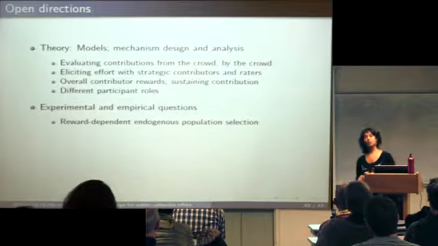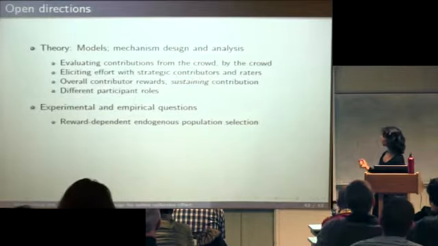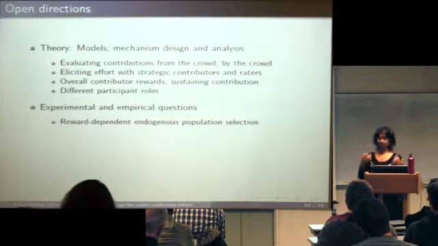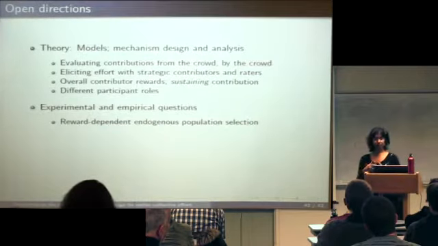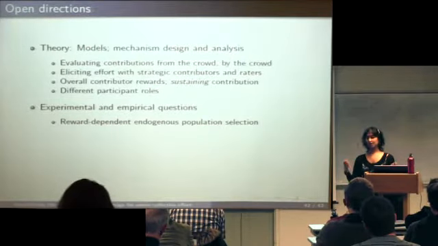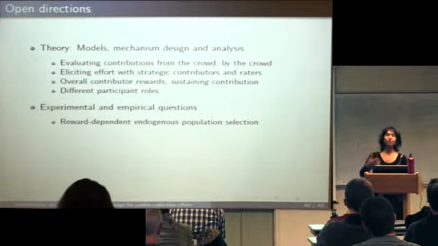There's also a whole bunch of very interesting experimental and empirical questions. So for example, when I talked about badges and relative and absolute badges, I didn't show you the model, but in the model I happened to say that the value of winning a badge is V. Now, says who the value of winning the badge is the same V for a relative badge and an absolute badge? Maybe people who like competitive badges value them differently than people who value absolute badges.